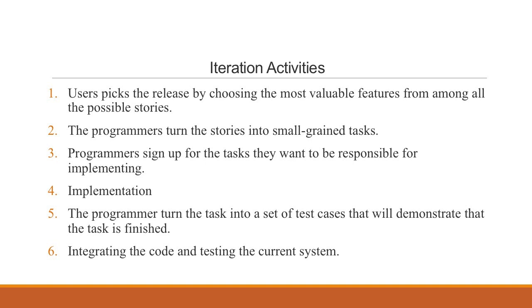Third, programmers sign up for the tasks they want to be responsible for implementing. The implementation starts, and then the programmer turns the task into a set of test cases that will demonstrate that the task is finished. Finally, the programmer will integrate the code and test the current system.